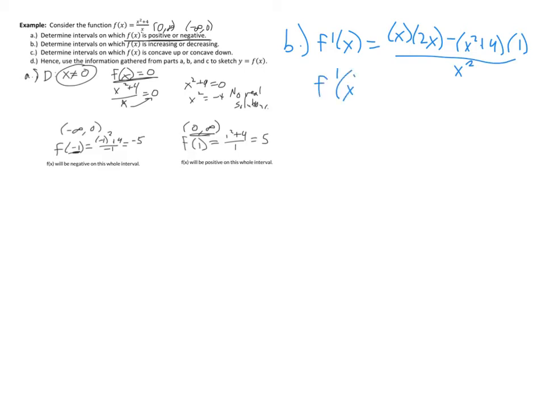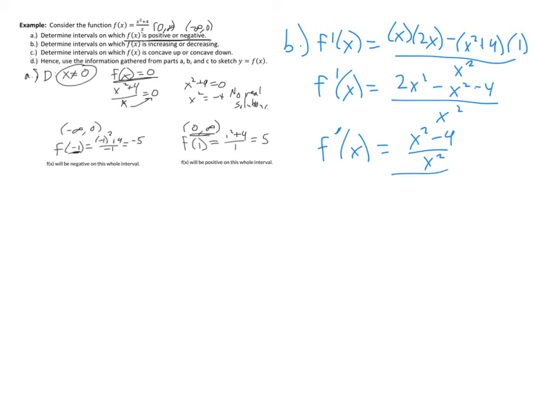So here, f prime of x is 2x squared minus x squared minus 4 all over x squared. This looks like I'm going to get f prime of x is x squared minus 4 over x squared. Great, so that's my derivative.